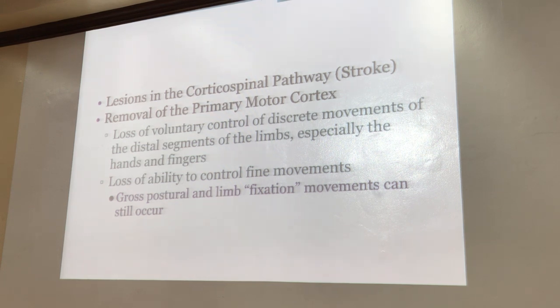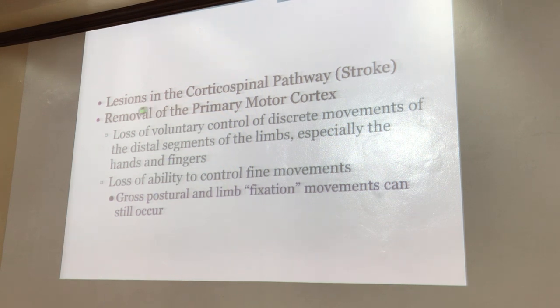So, because of the role of the rubrospinal tract, even if you remove the primary motor cortex, there would only be loss of the voluntary control of your discrete movements, okay? Especially of the hands and fingers, mga fine movements, but yung fixation movements can still occur, okay?